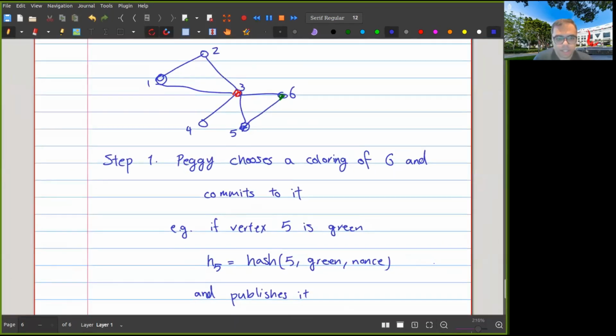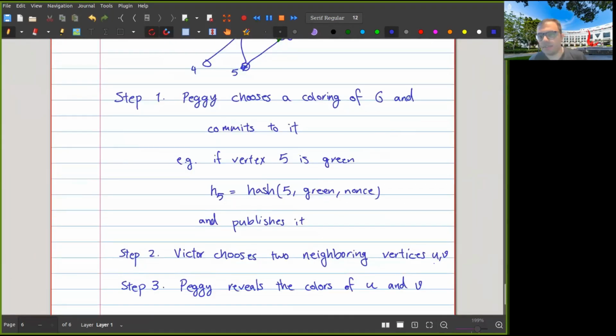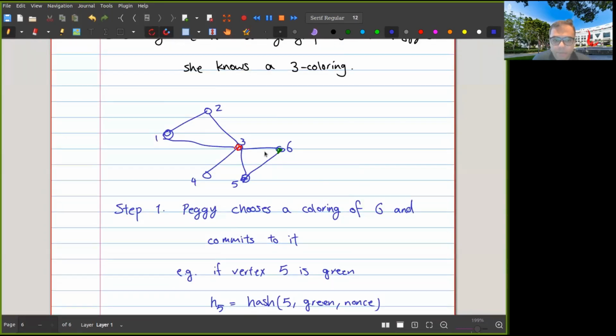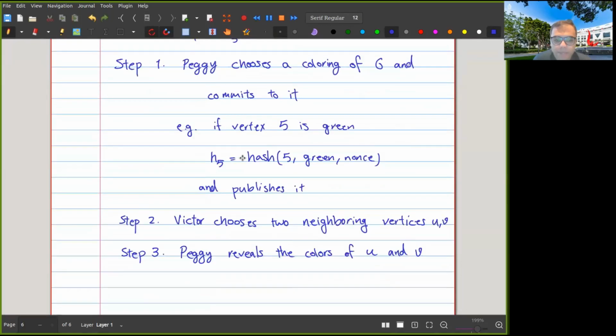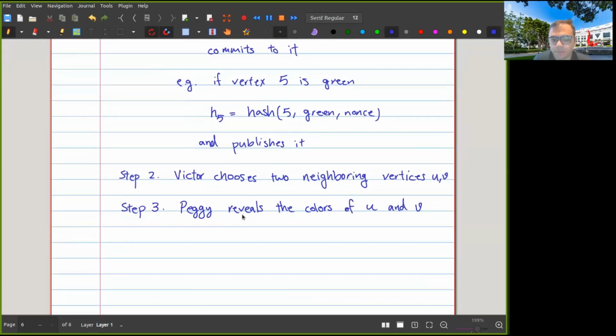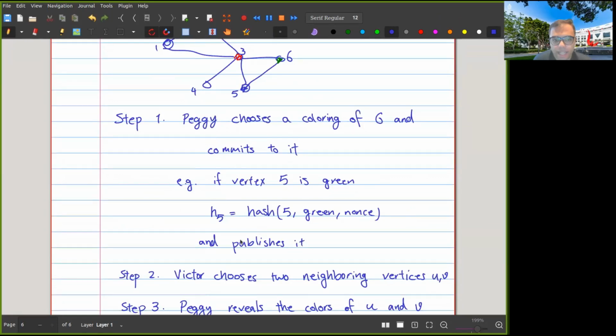Okay. Now, first of all, why is this convincing? Why is it convincing to Victor? Well, Victor cannot see the entire coloring, but he can basically randomly choose two neighbors, and then Peggy has to reveal the colors of those two neighbors. And we know that this was a commitment scheme, so we know that Peggy could not change the colors after she committed to them.